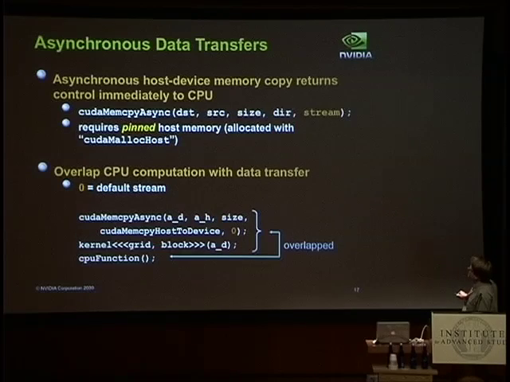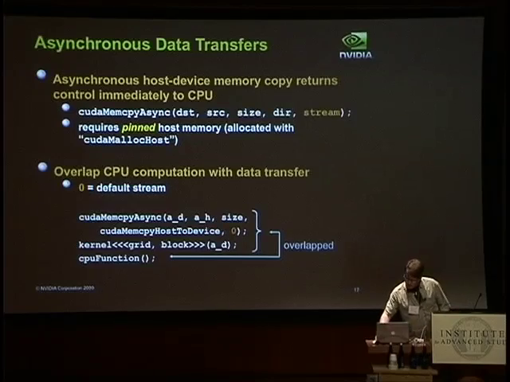And then while that's happening, I can go off and execute a kernel. So here's a memory copy asynchronously, executing a kernel, and then here's the CPU function, the next one that I want to call. These things happen, in particular this is happening at the same time as the CPU function. Now, to understand this, we need to know what a stream is.